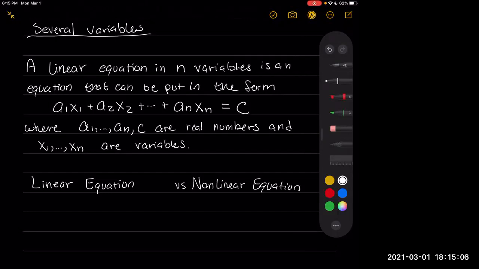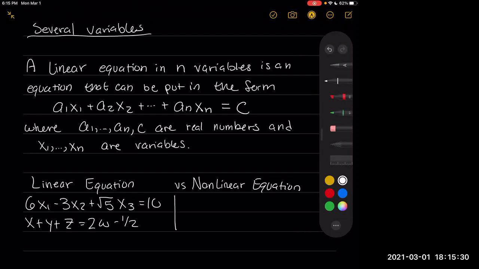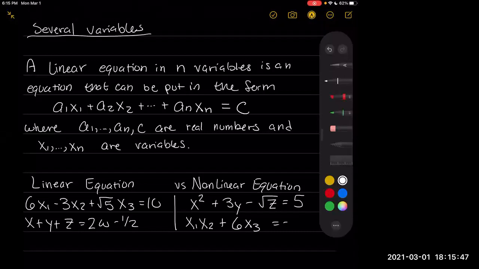So a linear equation might look like 6x1 minus 3x2 plus the square root of 5x3 equals 10, or x plus y plus z equals 2w minus 1/2, versus x squared plus 3y minus the square root of z equals 5, or x1x2 plus 6x3 equals -6.